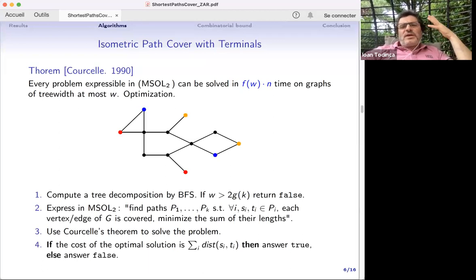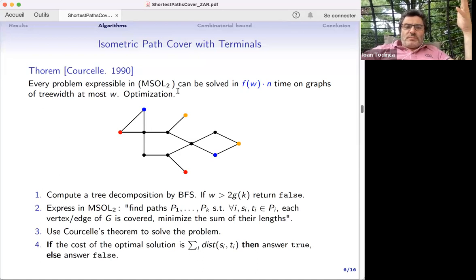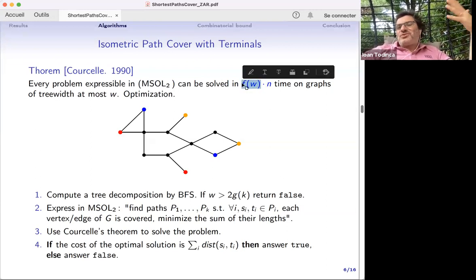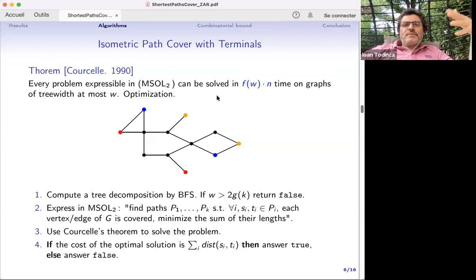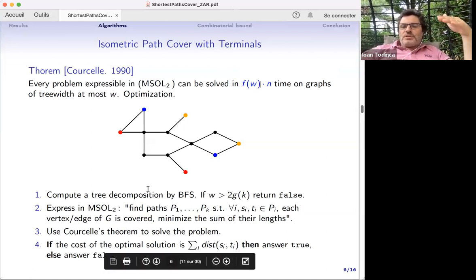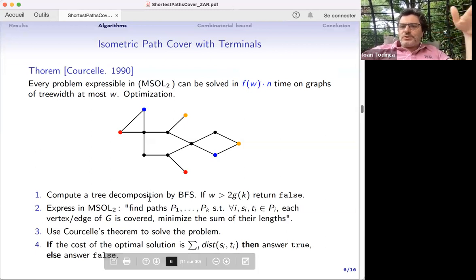Okay, so I'm not getting into the machinery of Courcelle, but it says that every problem that is expressible in some type of logic can be solved in time n times some function of the tree width or path width of the graph. And it also says that you can do optimization on some problems. And basically, what we do for this isometric path cover with terminals is that we compute this decomposition by BFS. If it's too large, we answer no. It's a no instance.